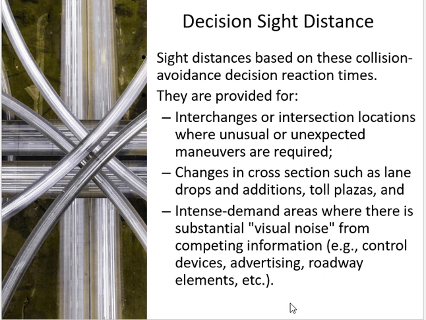In complicated situations, our standard of visibility goes from stopping sight distance to decision sight distance. Clear? Got it? Any questions? Now you understand why we call it decision sight distance, because the driver is taking more time to decide. Everything else is the same. Next time we will be talking about another case for decision sight distance.